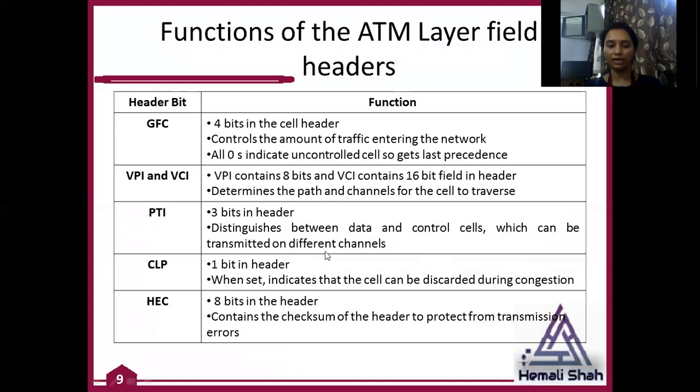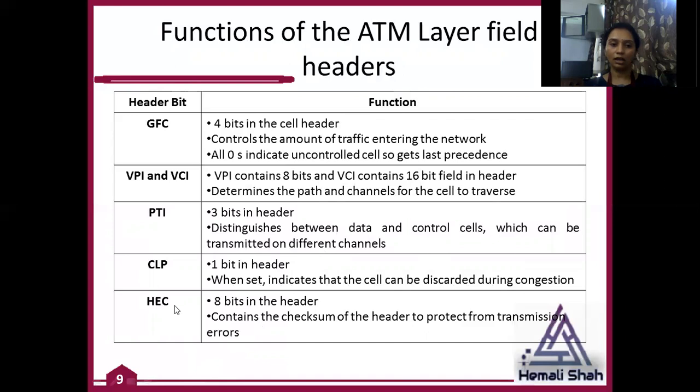CLP is 1-bit header information. When it's set, it indicates that the cell can be discarded during a congestion period. When the network is full of packets and there is network congestion, you can set this bit to 1. If it is set as 1, then you cannot discard the cell, but if it's set as 0, you can discard it when the network is full of very heavily loaded packets.